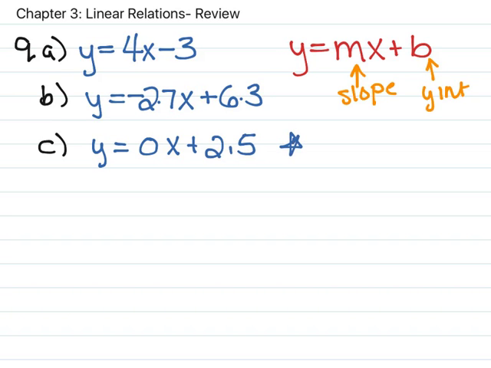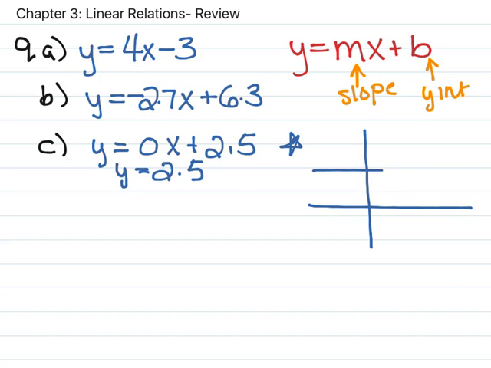This one's important. You'll notice that it simplifies to y equals 2.5. If you were to graph this, it would be a graph that has no slope and crosses y at 2.5. It doesn't increase, doesn't decrease, it just stays horizontal and crosses at 2.5.